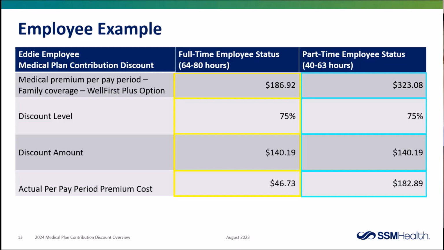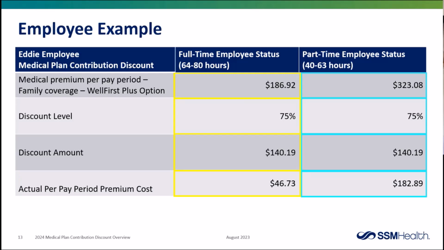So if you apply the 140.19 medical plan contribution discount that is added back into Eddie's earnings, this results in a per pay period premium cost of $182.89. The 140.19 medical plan contribution discount that Eddie receives each paycheck provides an annual discount of $3,644 for Eddie and his family. All right.